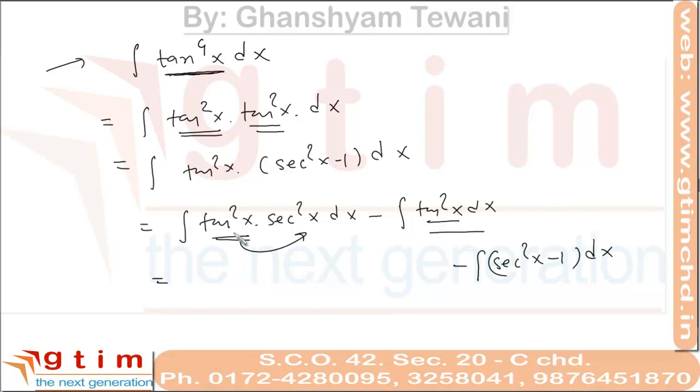So if I take tan x as t, then this is t square and this is replaced by dt.